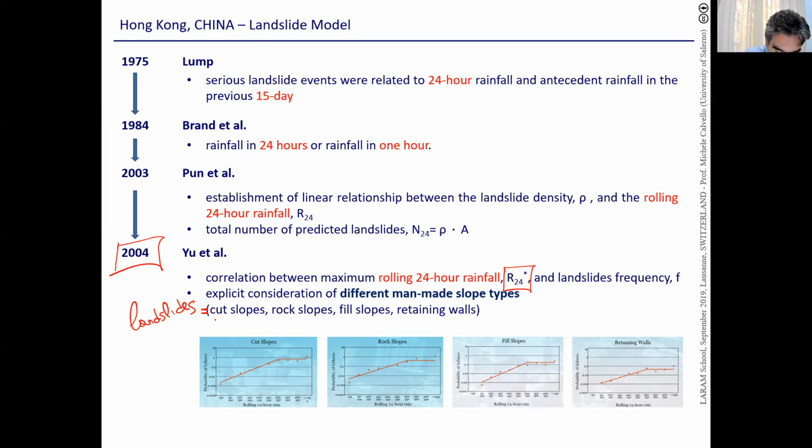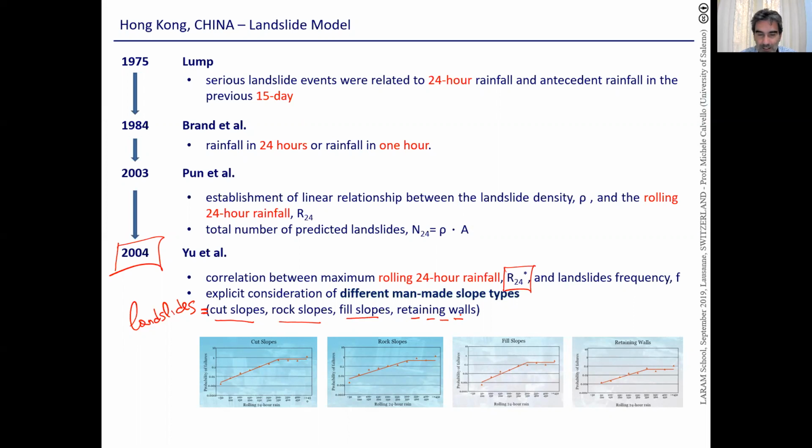For instance, cut slopes or rock slopes or fill slopes, and they also include retaining walls. When you are constructing a retaining wall, all of them are clearly identifiable on the land. You know how many cut slopes, rock slopes, fill slopes. They indeed have IDs. They have positions in the city.